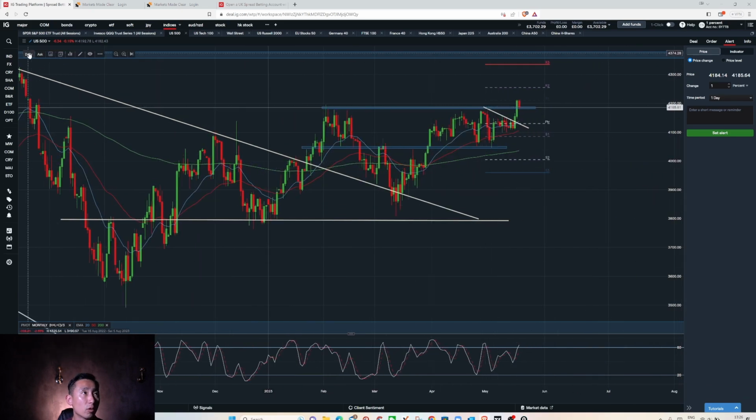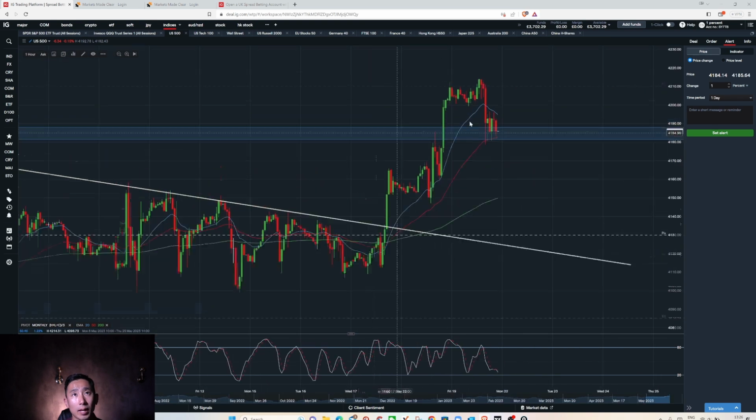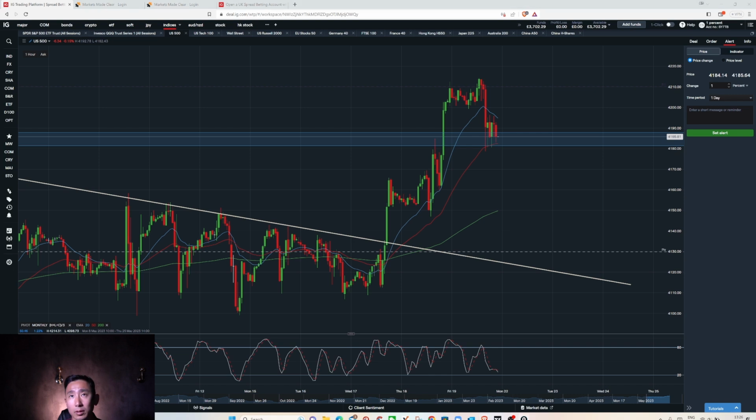So if tomorrow I see price can't manage to hold here and starts to break lower, I could take a trade through here, 4,180, and short it back down to around the 4,130, 4,140 area. So the stop loss should still be around the 4,221. But it's an intraday method, not taking a daily bar to do that.